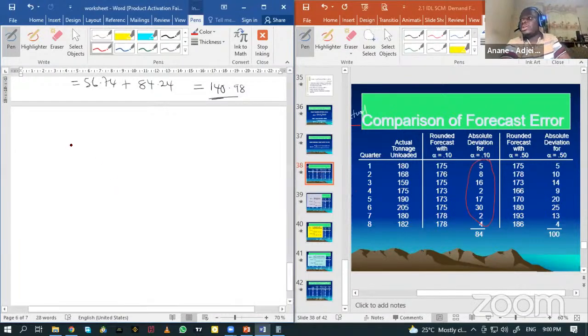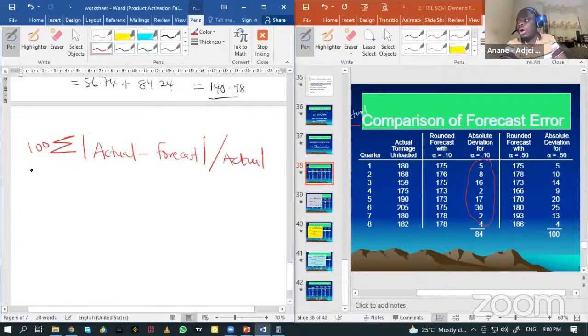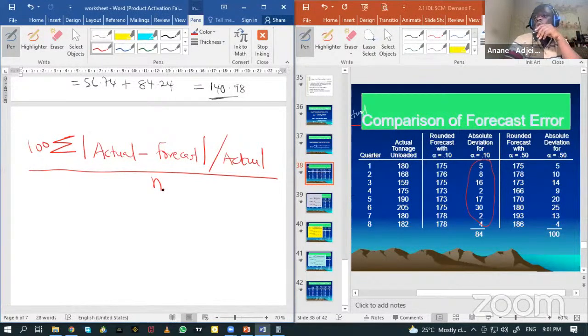So let's go. So the formula says it is the sum, the 100% sum of the absolute of actual minus forecast absolute, divided by actual, all over n.